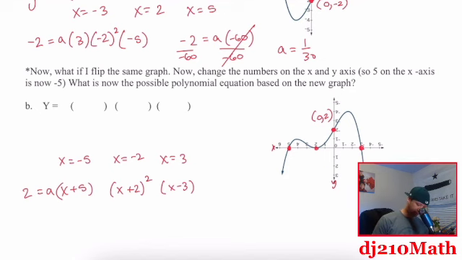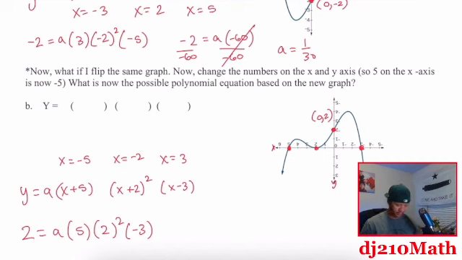So this is going to be when y is equal to 2, x is 0, so 5 times 0 plus 2 squared, 0 minus 3. On the right-hand side, we're going to have a. 5 times 2 squared is 4. Negative 60.